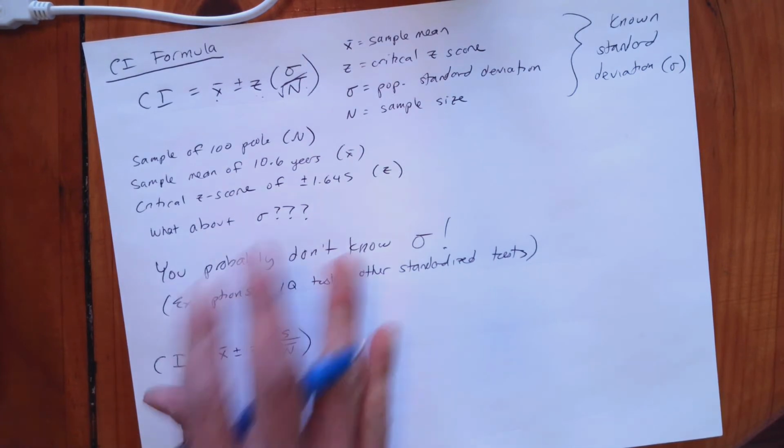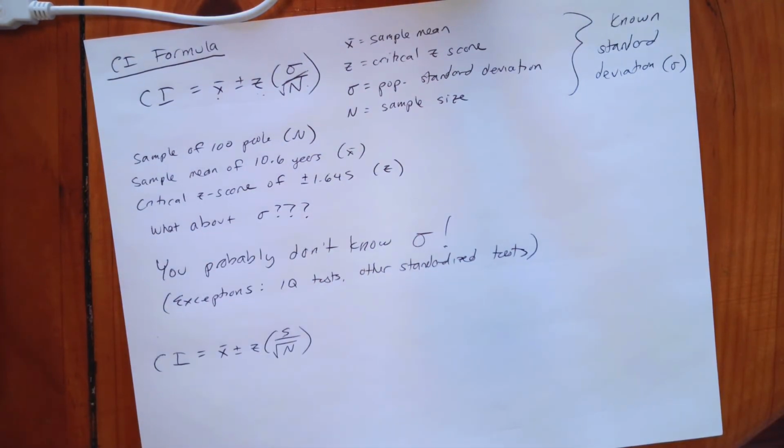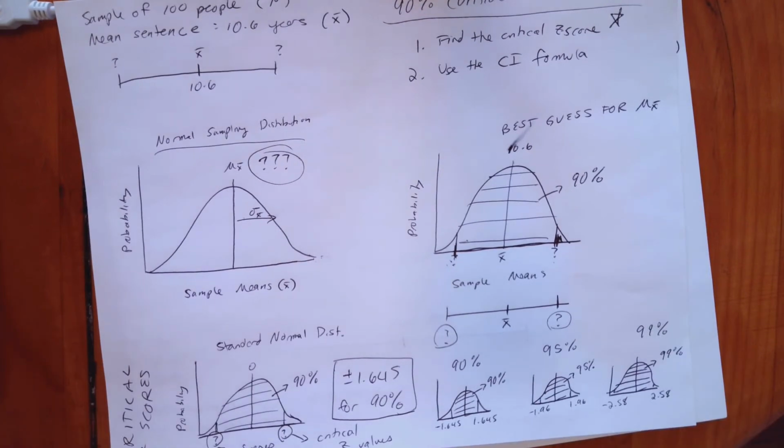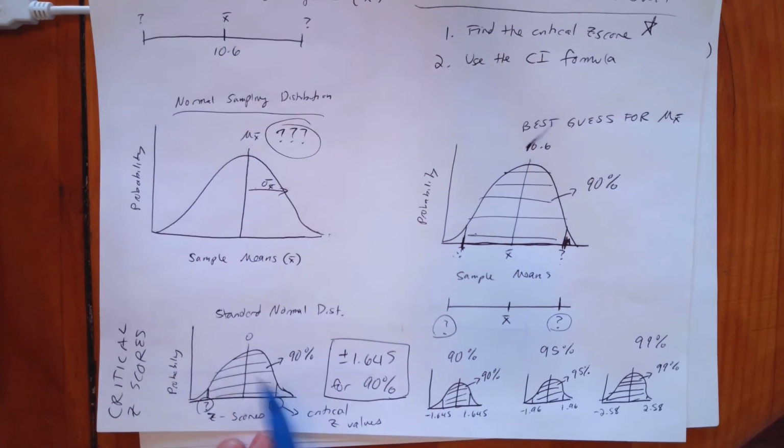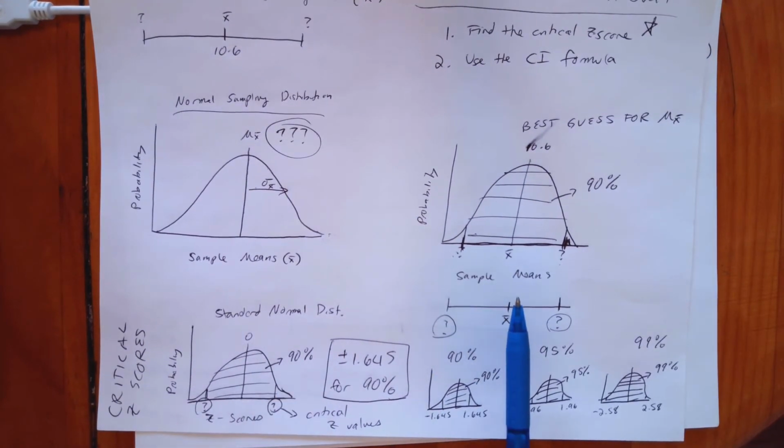The reason that I show you this one first, though, is that everything we did here is based on the idea that we know the population standard deviation, because we can't come up with a standard normal distribution unless we know the population standard deviation.